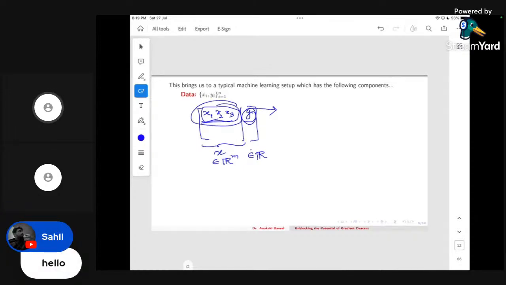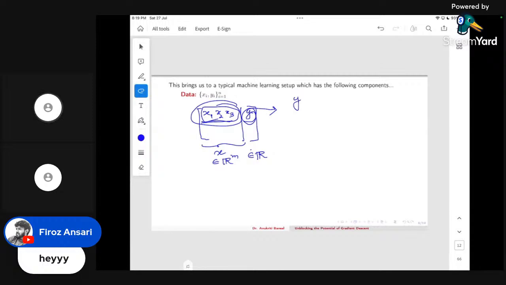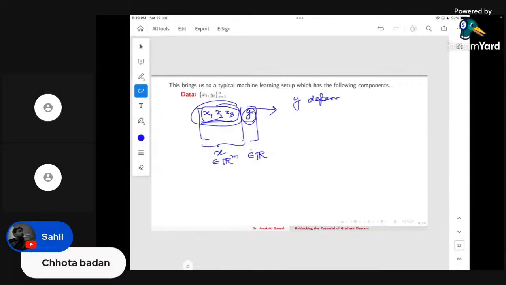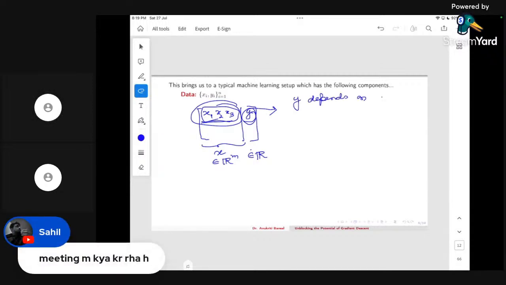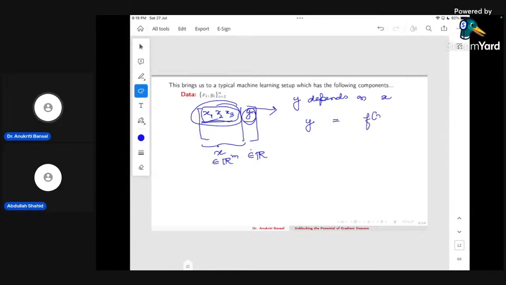So here I am writing that y depends on x. If I ask what is the box office collection or what is the IMDb rating, it depends on all the movie characteristics.